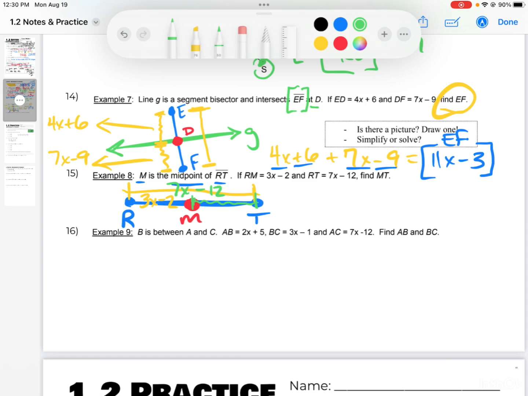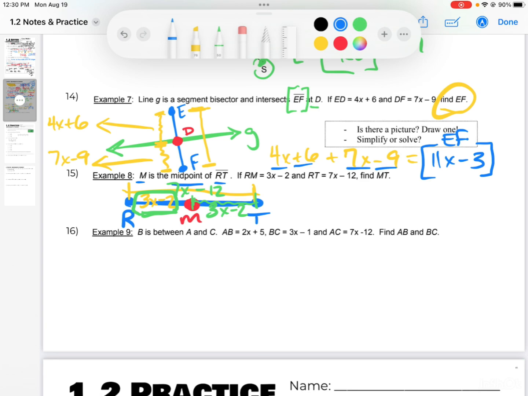Now, one thing that is key to know about midpoints is they divide a segment, or a line or whatever, but in this case a segment, in half. So that means not only is this side 3x minus 2, it also means this side is 3x minus 2. But can we get an actual answer? And we can.